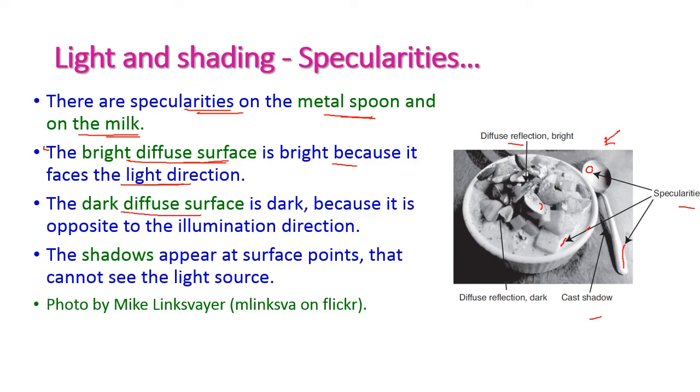And these are the dark diffuse sides, because they are away from the light direction. And this is shadow, and here also we have shadow. The shadow means that area does not see the light source, hence it seems very dark.